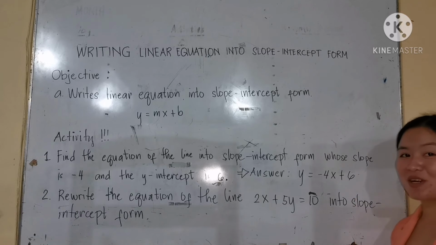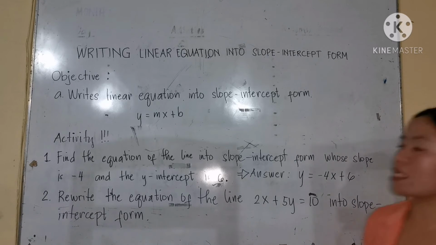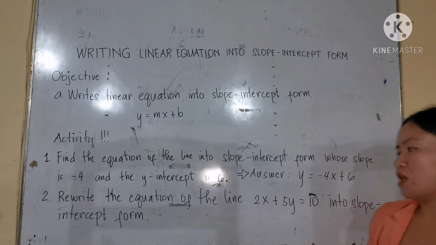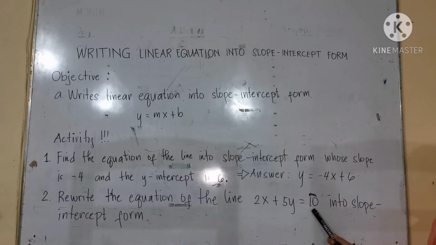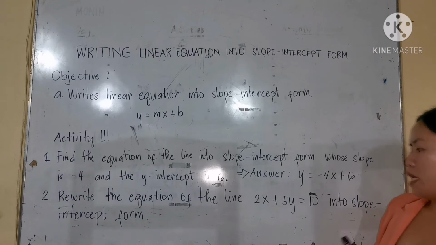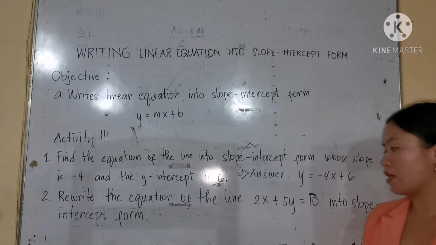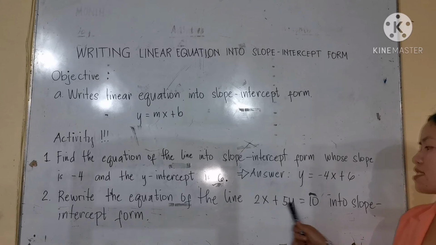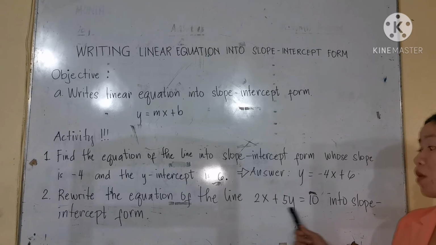Do we have the same answer? I hope we have the same answer. Let's proceed to activity number 2. Rewrite the equation of the line 2x plus 5y equals 10 into slope-intercept form. Do you still remember what we have discussed earlier? On this side, only y will be left. So we're going to eliminate 2x.